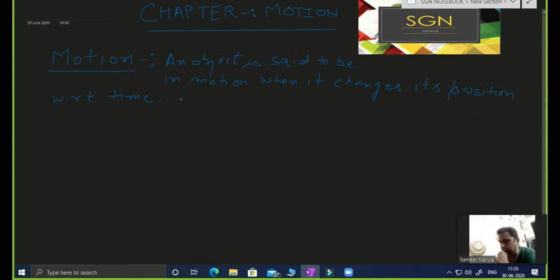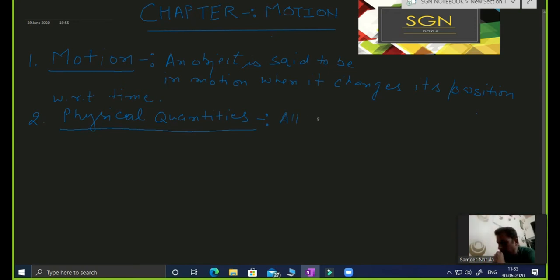Now we come to the second topic, physical quantities, because we have to understand scalar quantities and vector quantities. You must be wondering what physical quantities are all about.